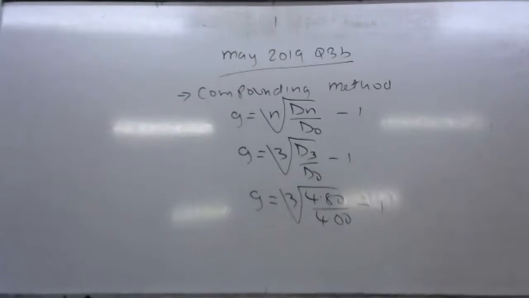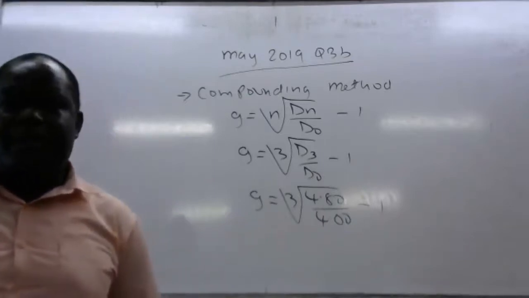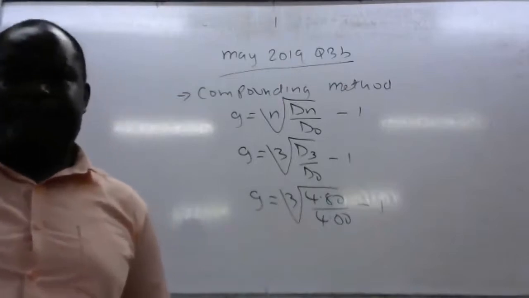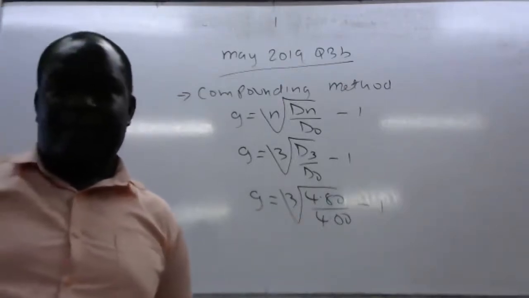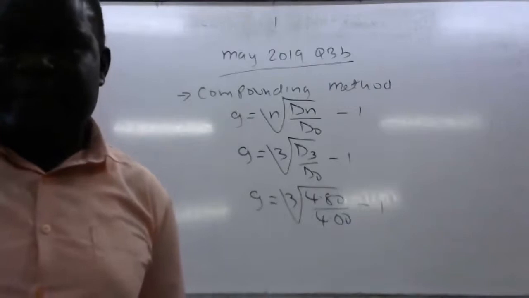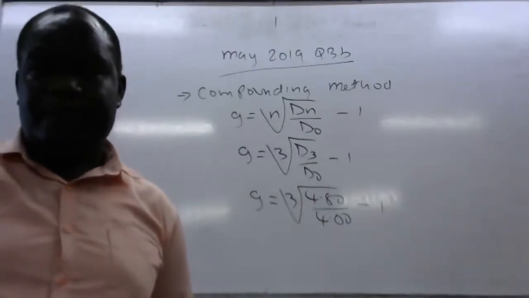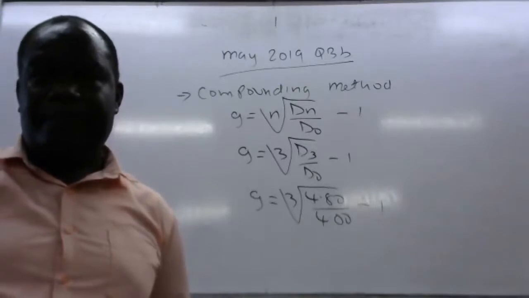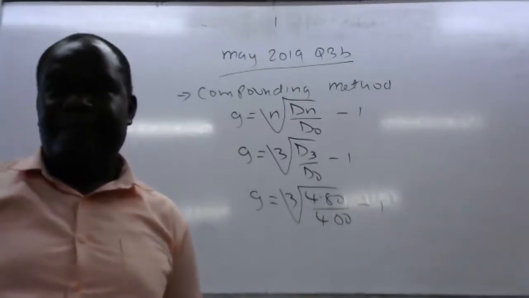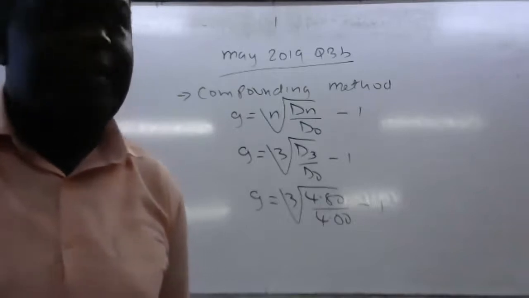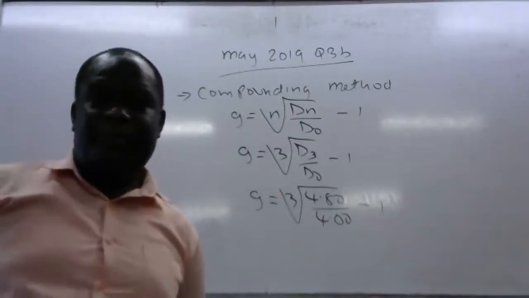Online, you give me the figure that you are coming up with. Anyone who has computed, you give me the figure. 6.27.